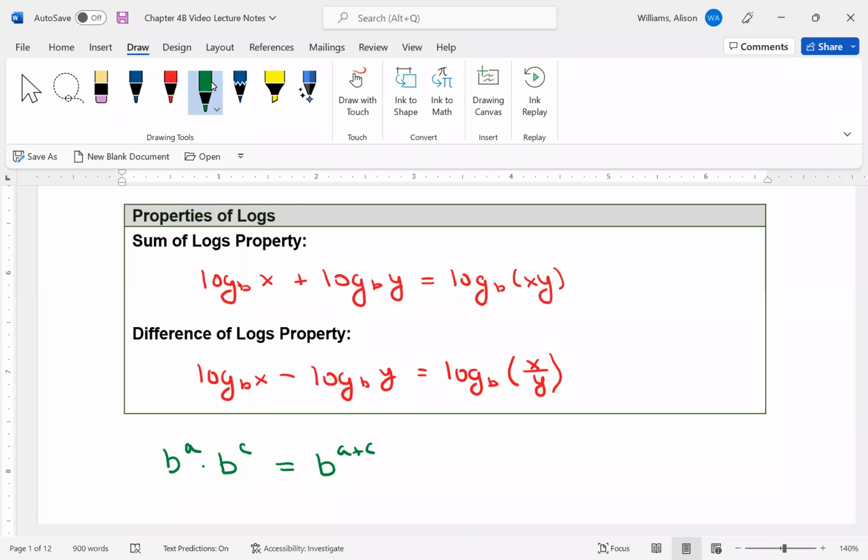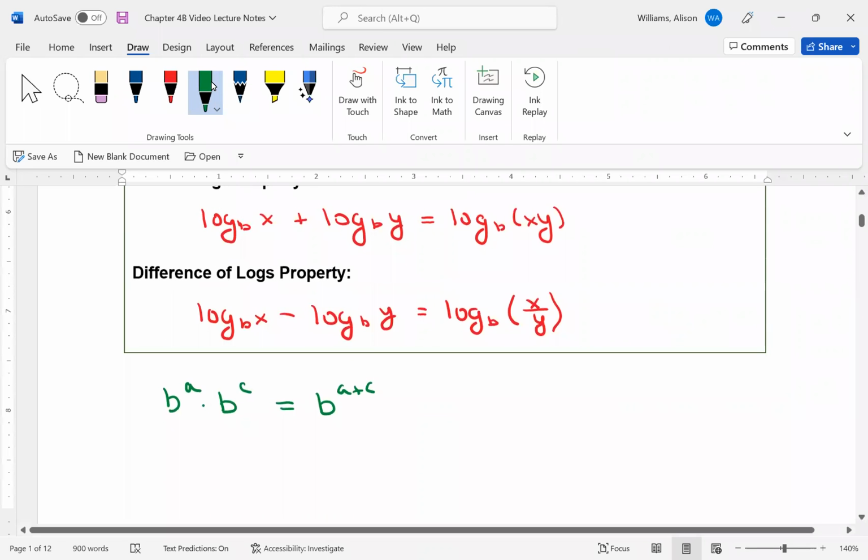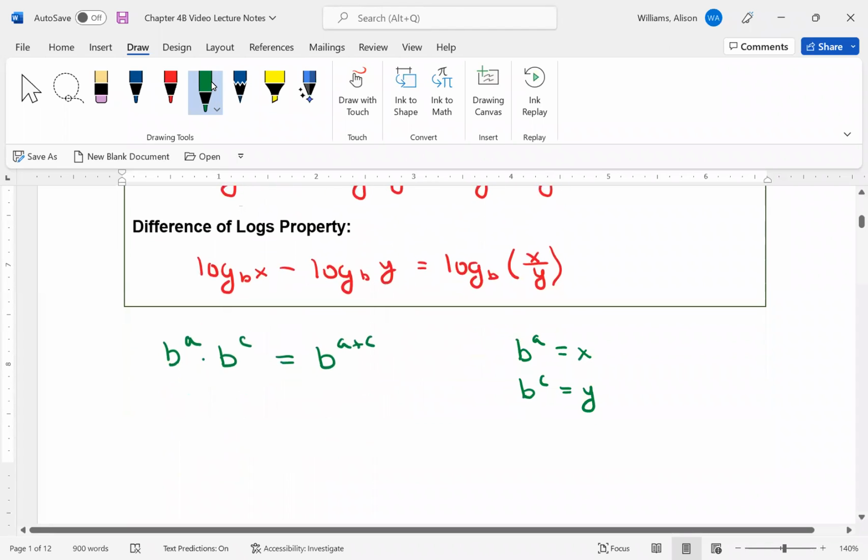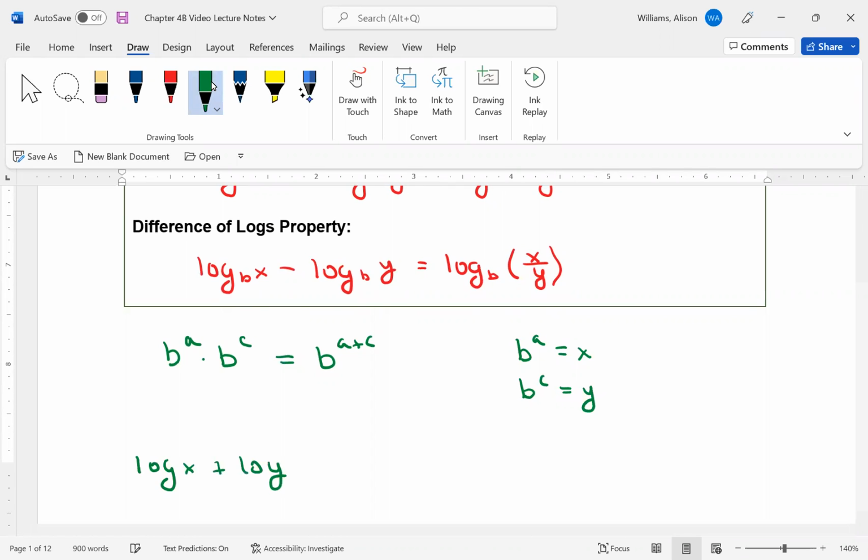It can be shown that if you say b to the a equals x and b to the c equals y, then if you take the log of x plus the log of y, that's really taking the log of b to the a plus the log of b to the c.